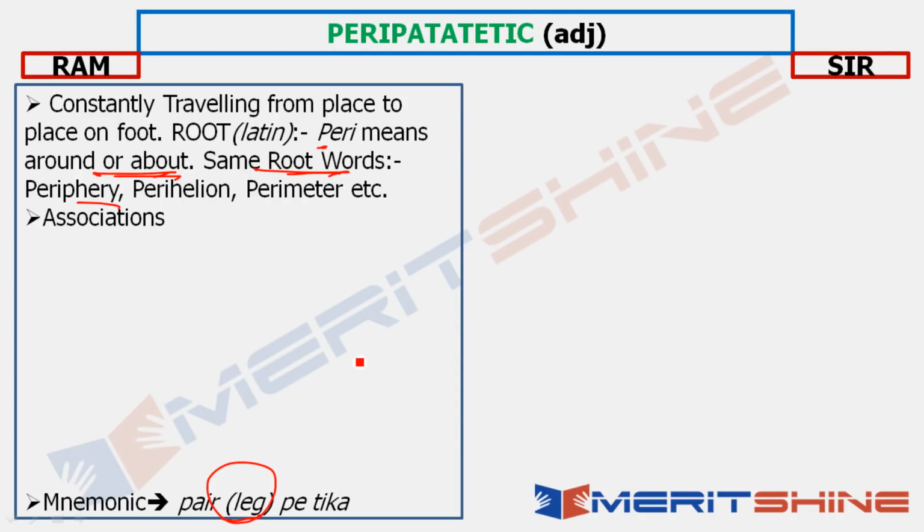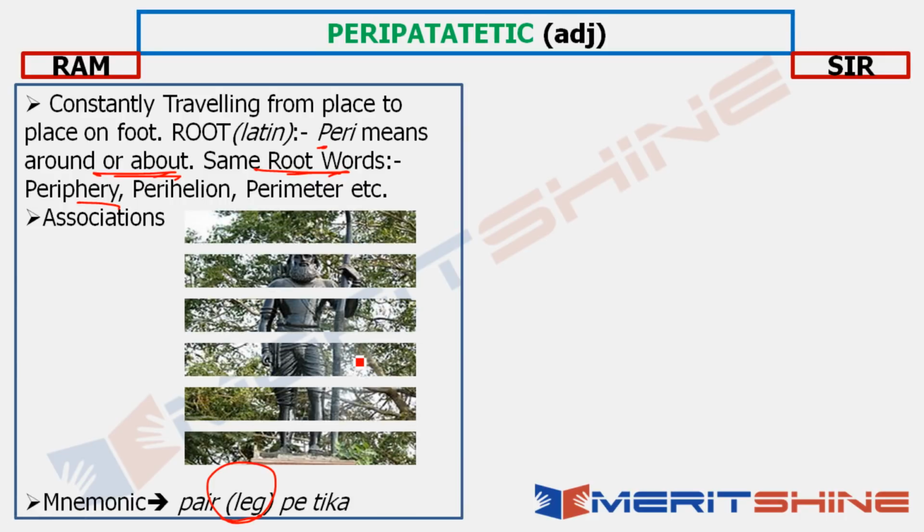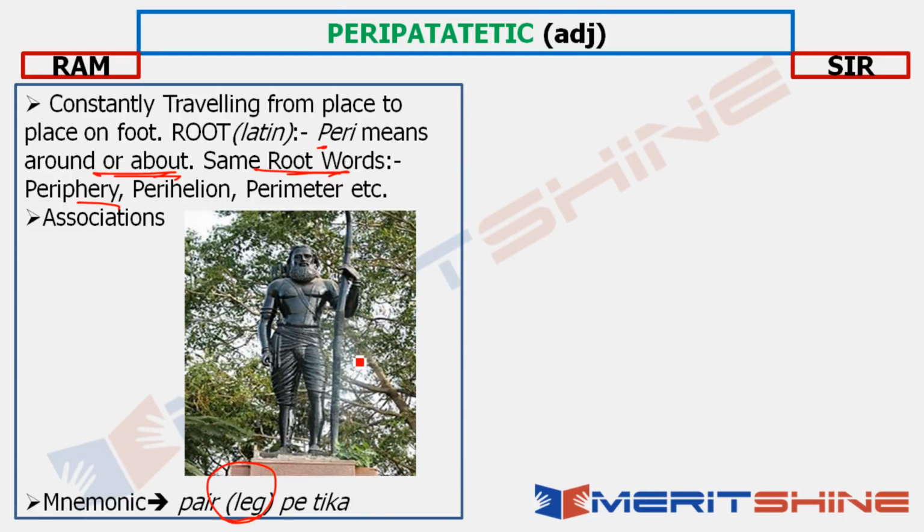Association, let me tell you the hero associated with it. I'm sorry, I couldn't find an actual image of him. I wanted to give you all the actual images of how they look today, but of him I couldn't find any. This is Alluri Sitarama Raju.